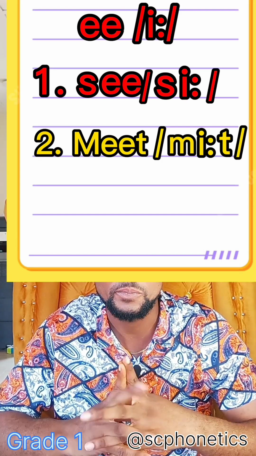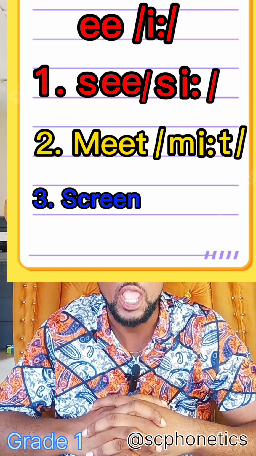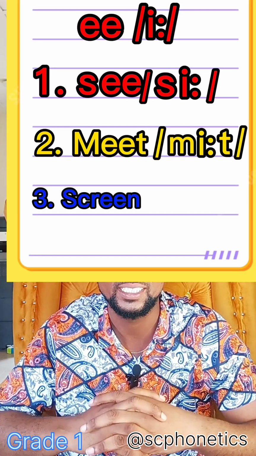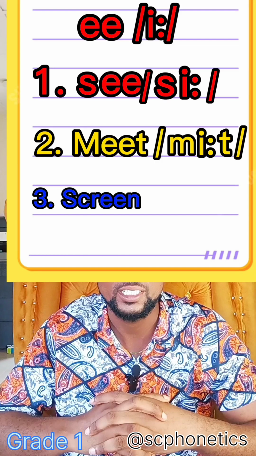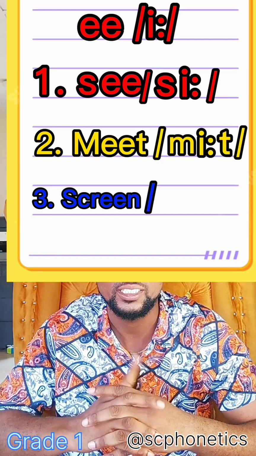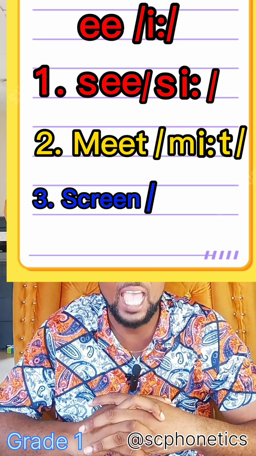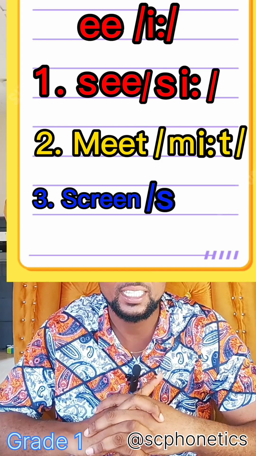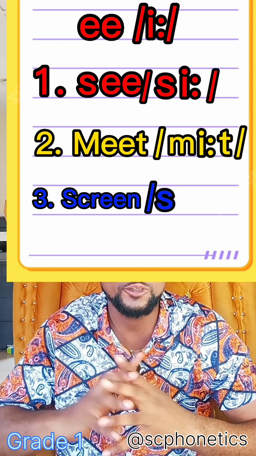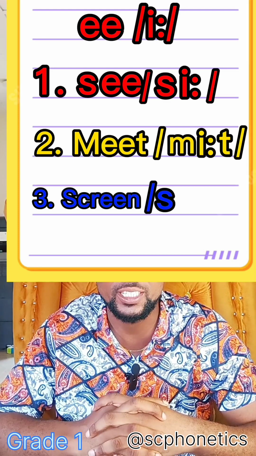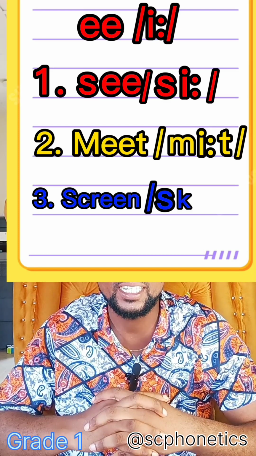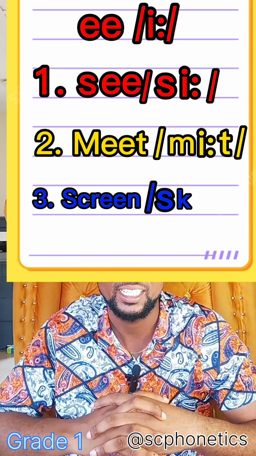Number 3, we have screen. First, your slash, good. And also you write the sound S. And don't forget your letter C turns K. Good.